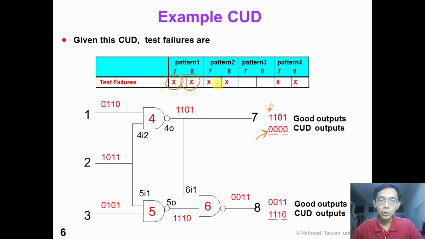For pattern number 2, it's the same. For pattern number 3, both output 7 and 8 pass the test. For pattern number 4, both outputs 7 and 8 fail the test. So we can have test failure like this.